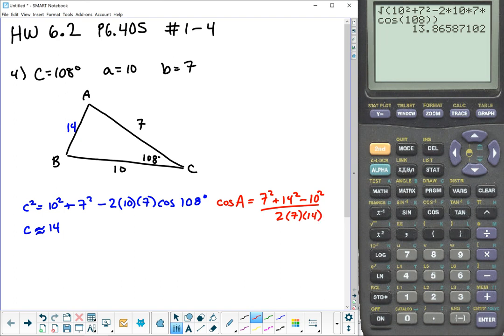I've done this before, so I'm going to do this in one motion: cosine inverse, parentheses, 7 squared plus 14 squared minus 10 squared, close that off, divided by, open parentheses, 2 times 7 times 14. Close it off and close off the inverse cosine. That gets you A is approximately 42.2, so I'll say A is approximately 42.